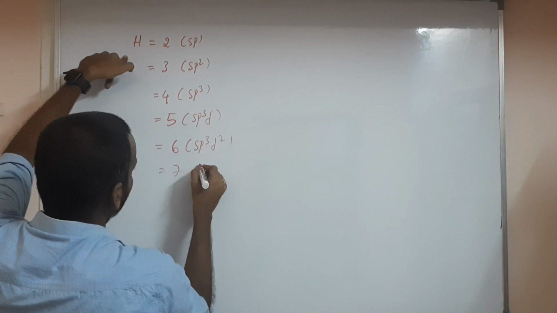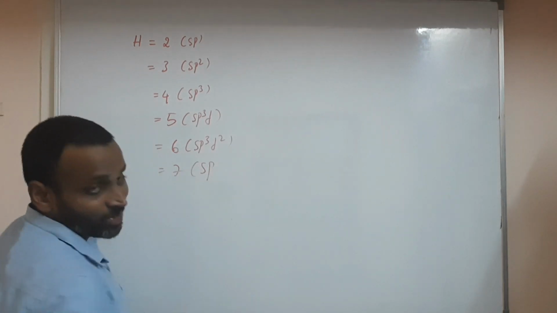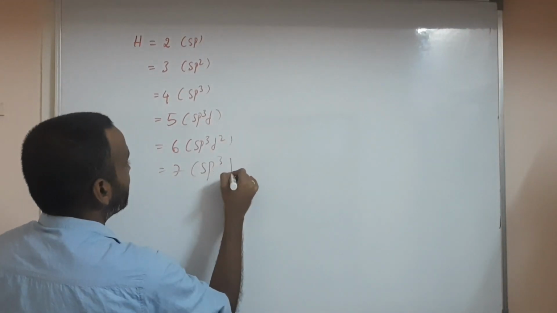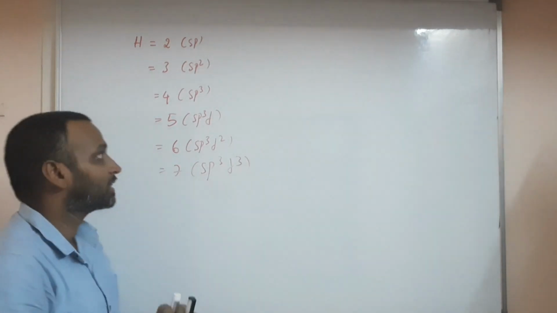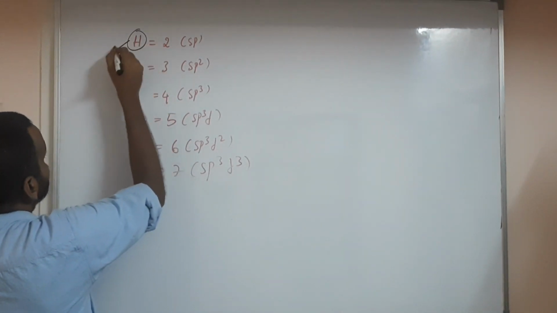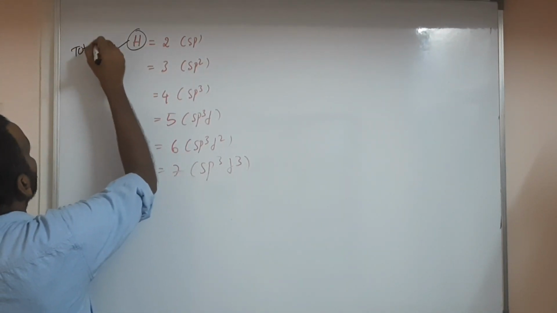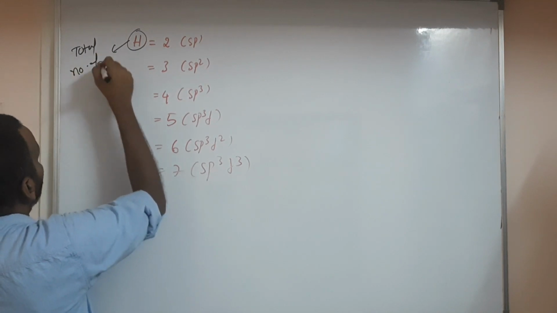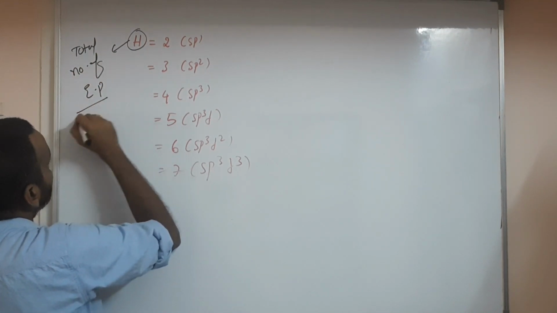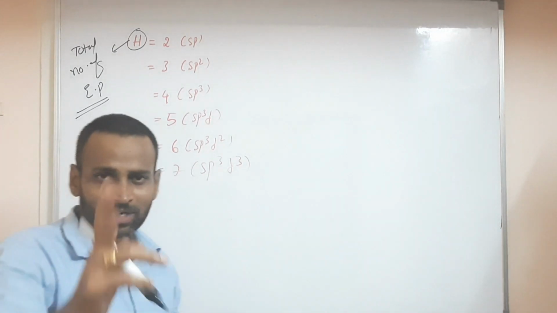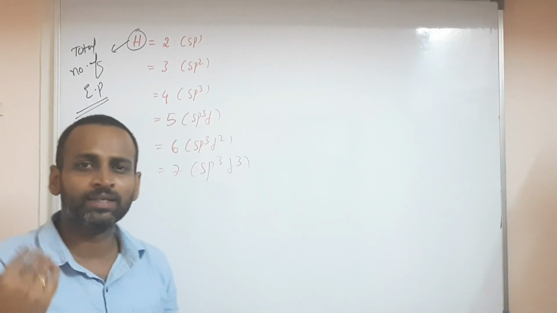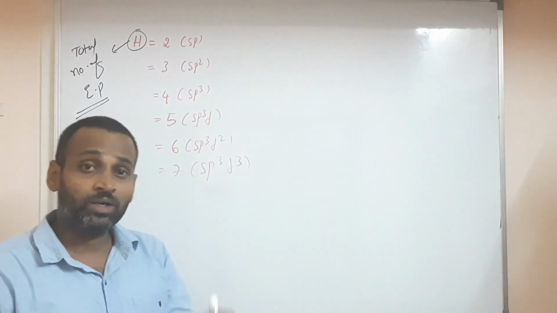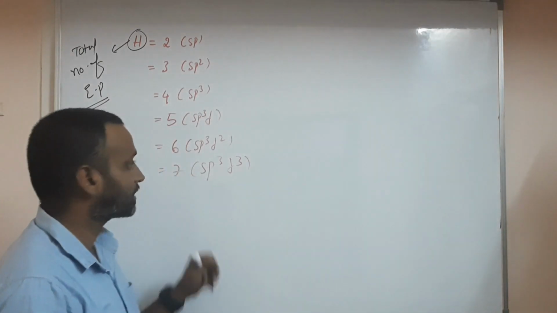If it is 7, then sp3d3. This value is nothing but the total number of electron pairs: electron pairs 2 is sp, 3 is sp2, 4 is sp3, like that.